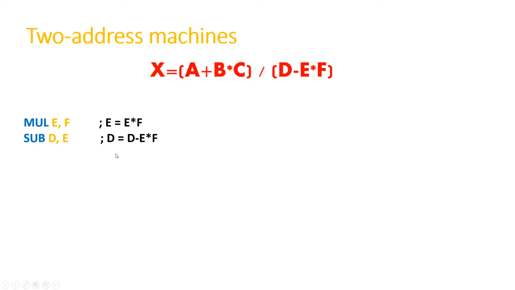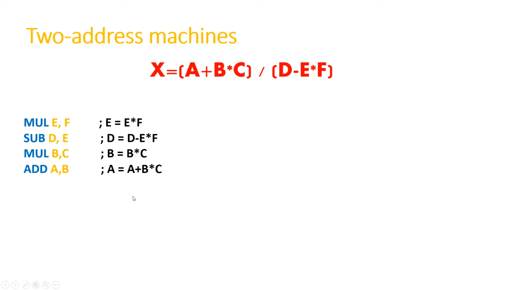And after that, we do the multiplication between B and C and then add B to A. Now we could see that A contains the first part of our equation and D holds the second part of our equation.